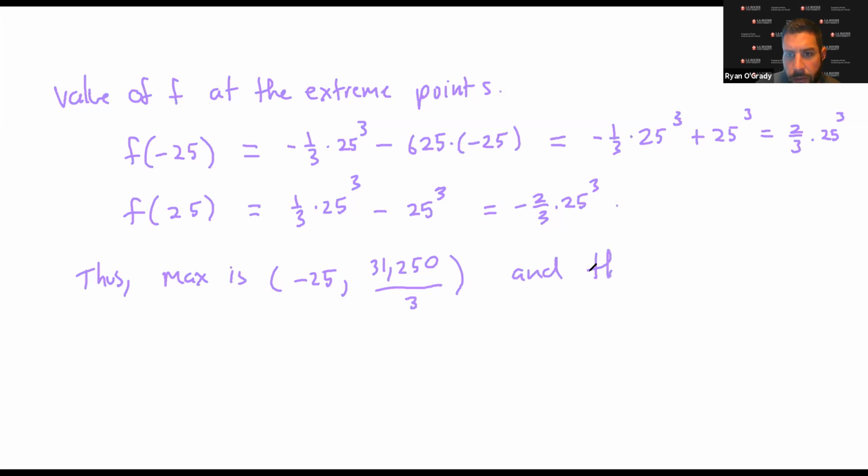And the min, let's maybe write that over here so it's clear, is (25, -31,250/3). It's very symmetric. A couple things that I think are important for me to point out to you: notice I am not using any approximations. I'm using exact values.